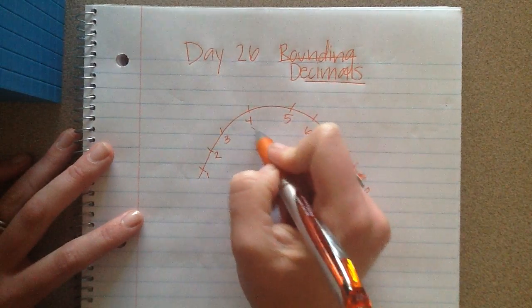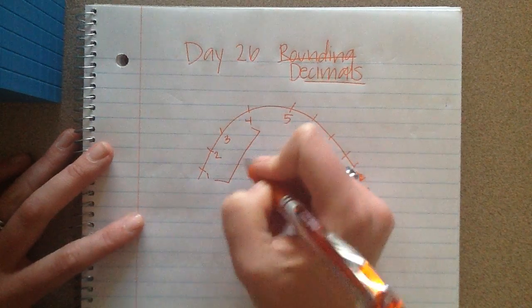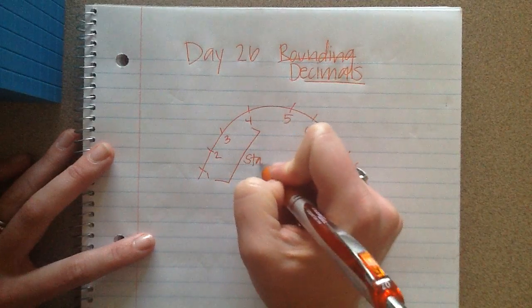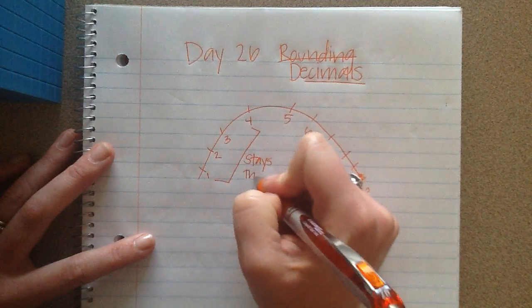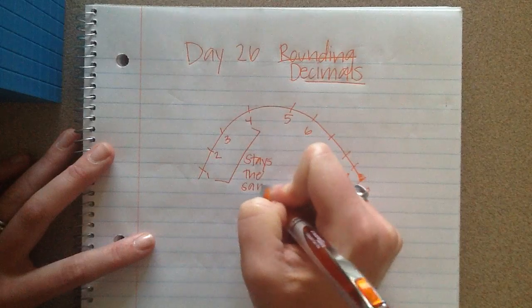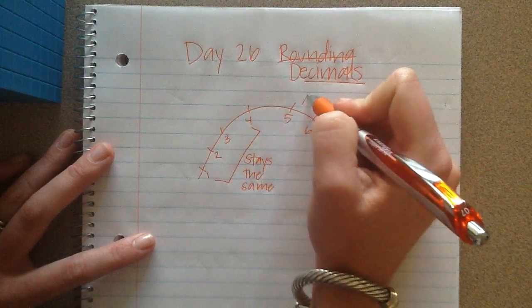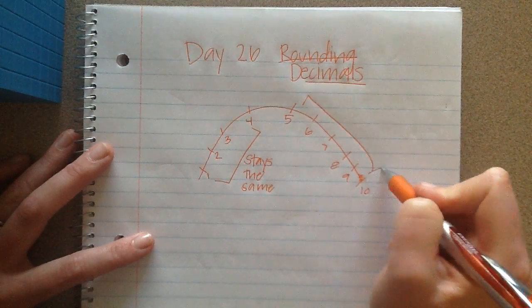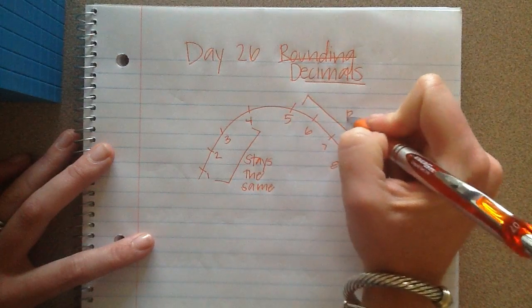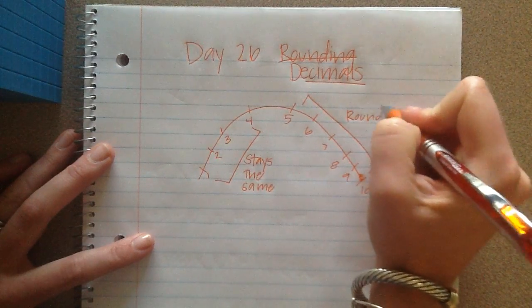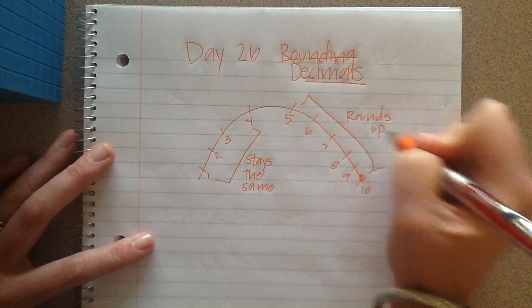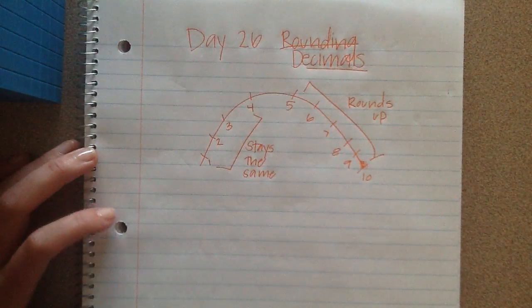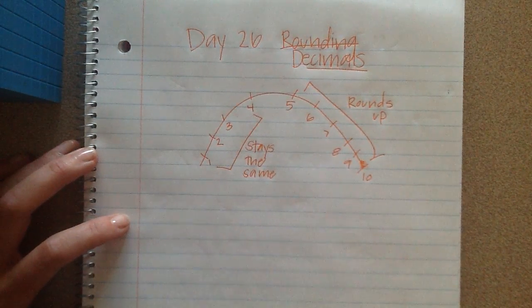Okay, so if it's from here to here, it stays the same. If it's here to here, it rounds up. So, that's kind of a little clue to help us.